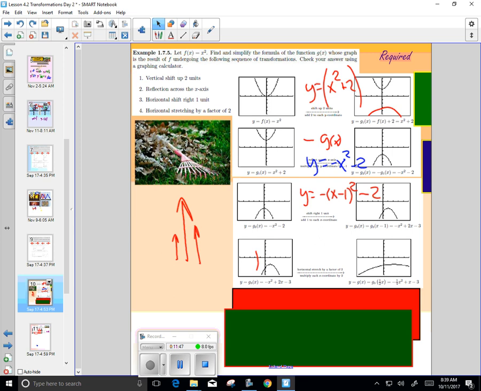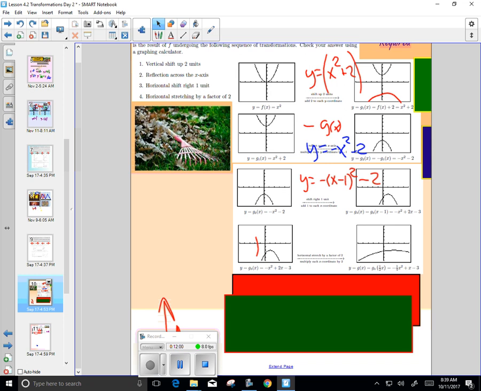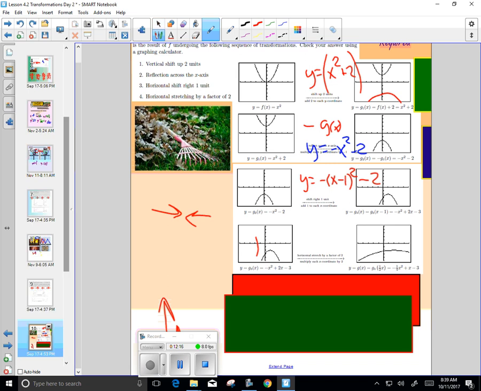Oh, horizontal, I'm sorry. Horizontal stretch is the opposite. So when you do it the opposite, that was vertical. If we're doing a horizontal, you're going to do it this way. So we're going to put in a 1/2 x in for x, and then that's where that comes out. So what you're doing with the equations is you're plugging these in, but watch your order.